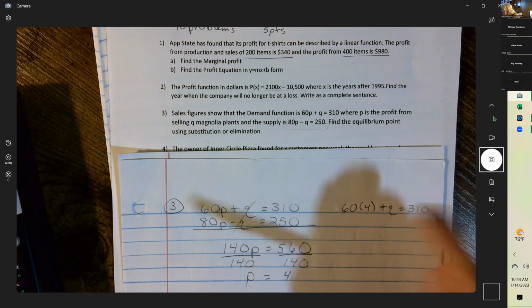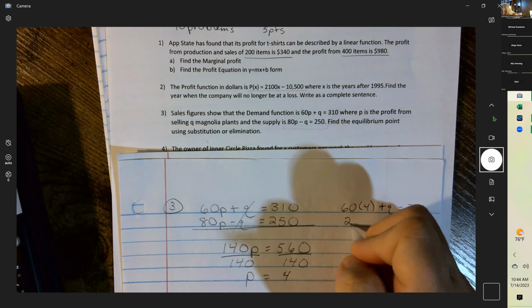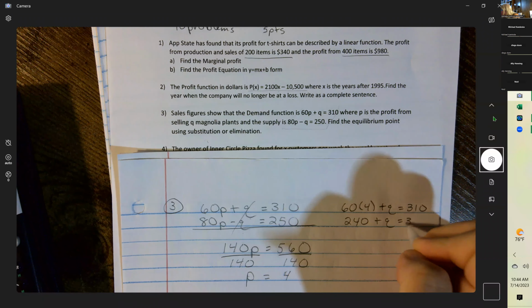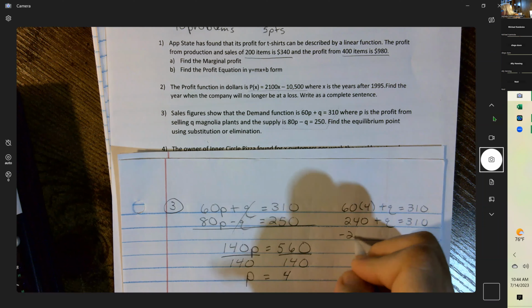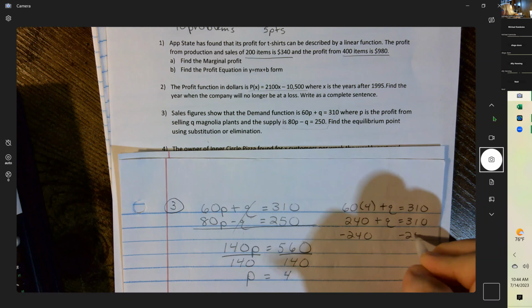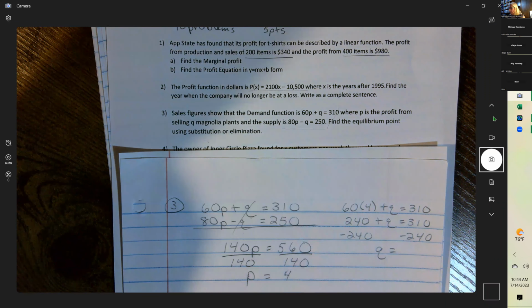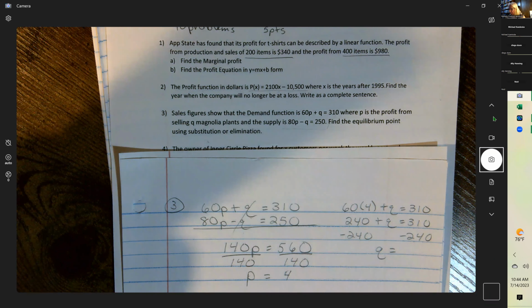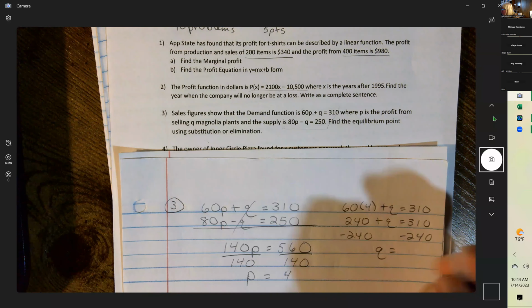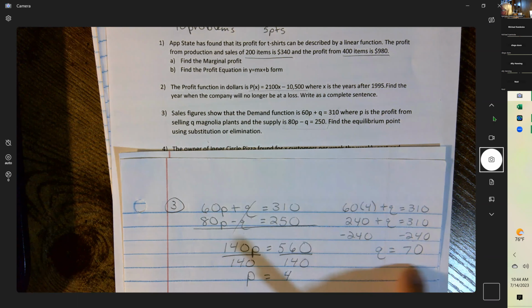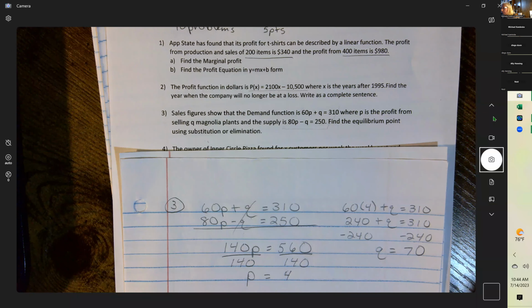60 times 4, 24, 240. And then subtract the 240. 70 magnolia plants will sell if we sell them for $4 each.